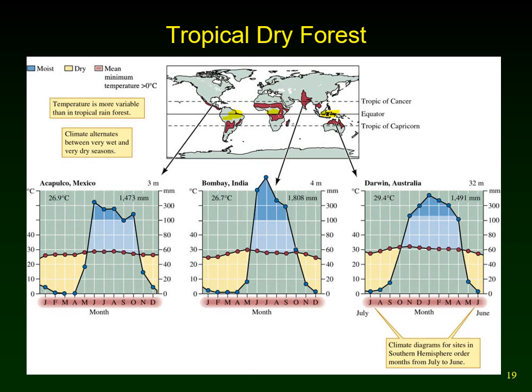So remember, when you were looking at the climate diagram of the tropical rainforest, we have this jump in the scale. So they've got very high amounts of rainfall. But unlike the tropical rainforest, that rainfall is not all year. That rainfall is in a rainy season. And so each one of these has a rainy season.